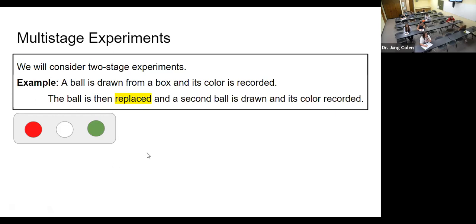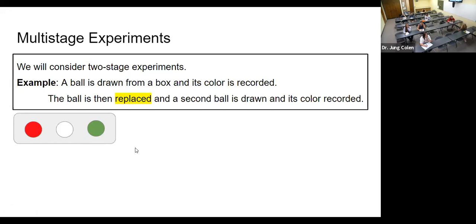So think about what the possible outcomes are when I draw balls twice. Take the ball first, think about what color it will be, and I put it back and think about the second ball. So list all the possible outcomes for that experiment.